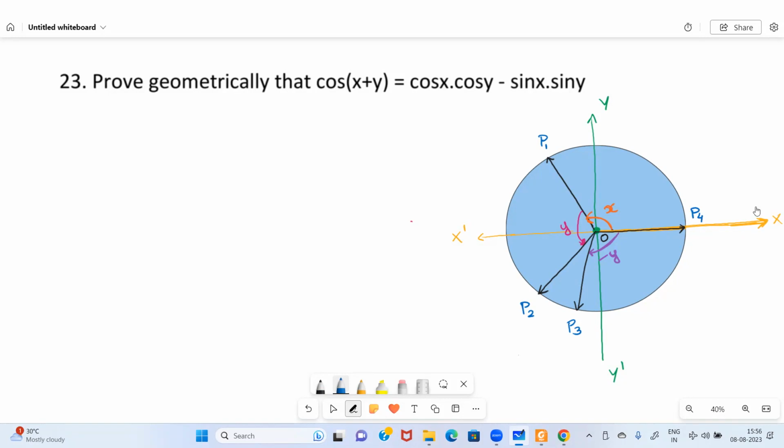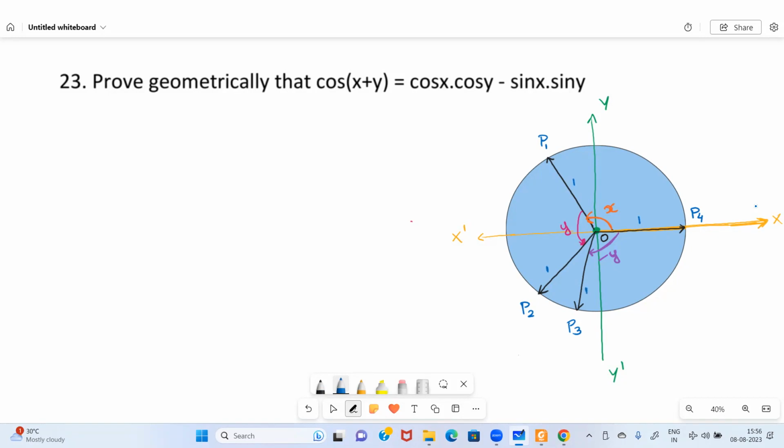Now we will mark these coordinates, students. The radius is going to be 1 unit, so all these radii are going to be 1 unit each.